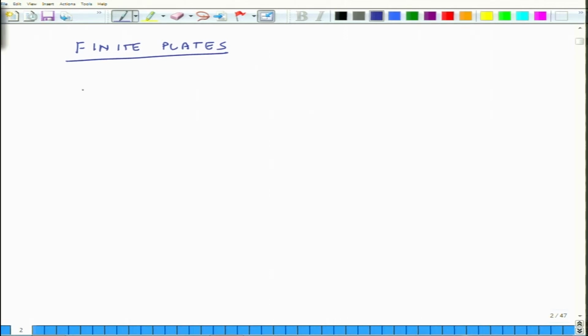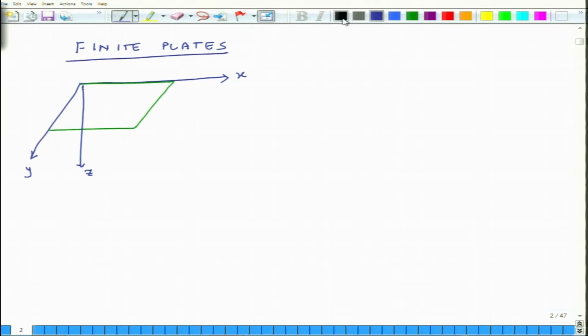So, that is my x axis, this is my y axis, and this is the z axis.